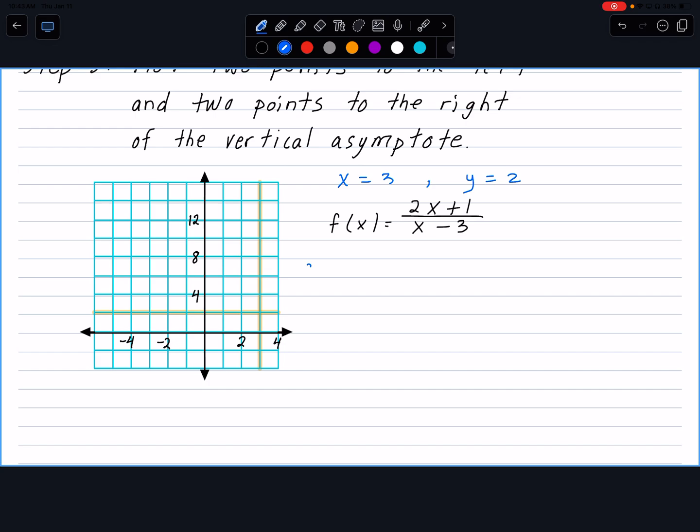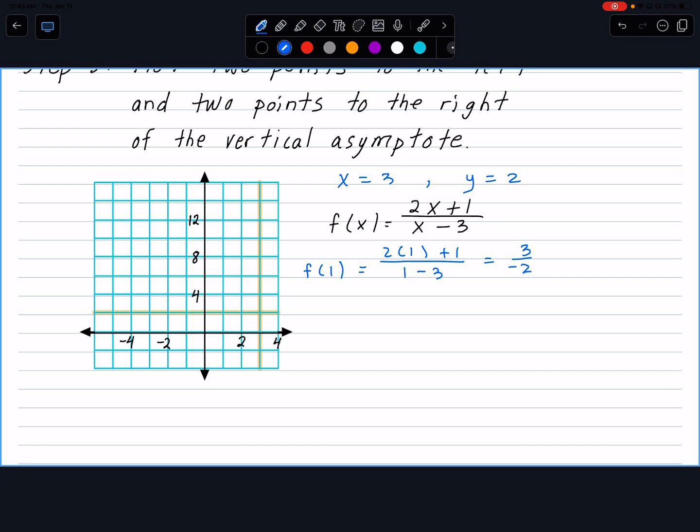I'm going to do f of 1, because that was to the left of 3. So I'm going to take my original function and evaluate it at 1. I get 2 times 1 plus 1 over 1 minus 3. 2 times 1 is 2, plus 1 is 3. So this is 3 over negative 2.